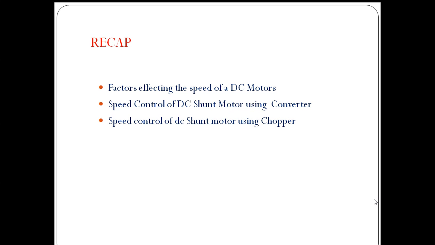In the last class, we discussed the speed of DC motors, factors affecting the speed of DC motor, speed control of DC shunt motor by using converters, and speed control of DC shunt motor by using chopper. These topics we discussed in the previous class of this chapter. Chapter number 4 is about speed control of DC motors and AC motors.